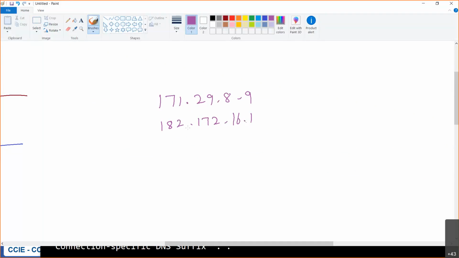It's public IP. 192.169.2.1 is also public IP. 192.169 is public. 192.168 is only private, right?